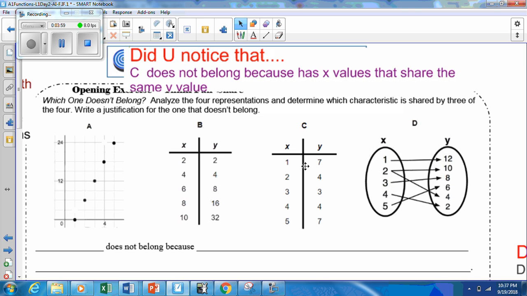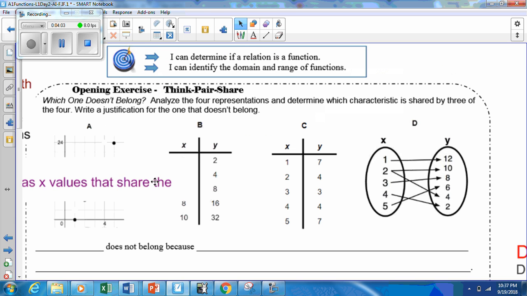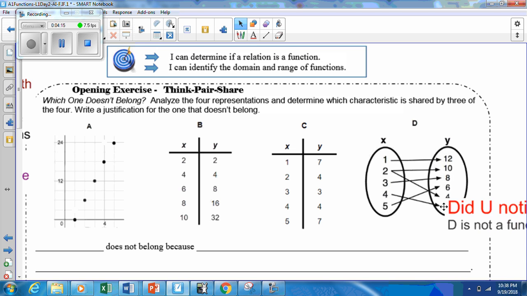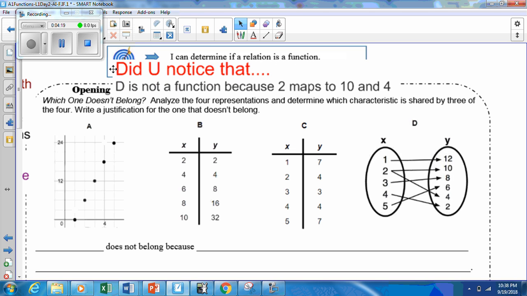Maybe you did. Well, regarding D, what do you guys notice? Oh, good. Very nice. D is the one that is not a function. And why is it not a function? You guys know: one input has to be matched to only one output.